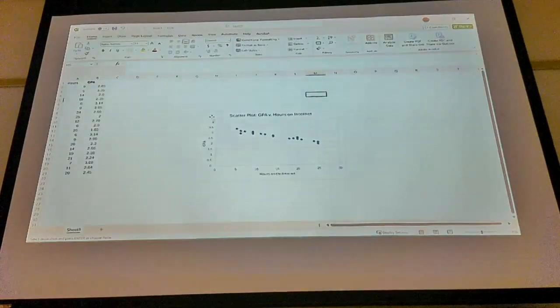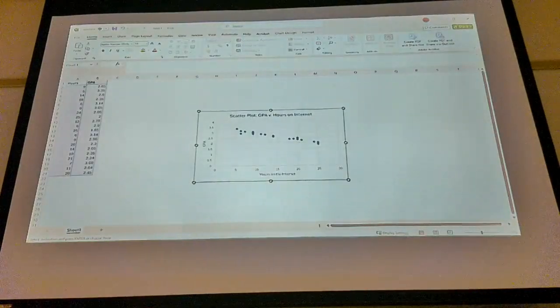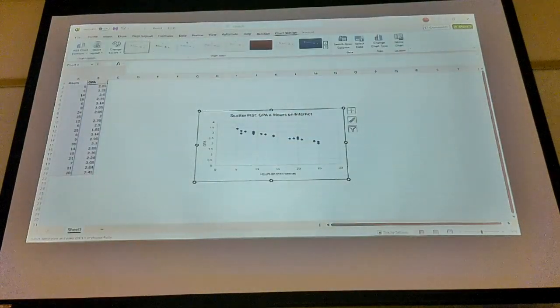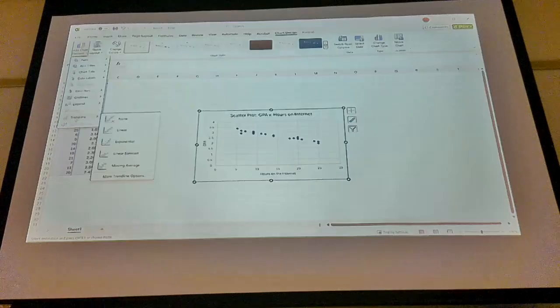Now for the trend line. This is really easy. I think we're going to need to do this again. Chart design. Add chart element. Trend line. Linear.